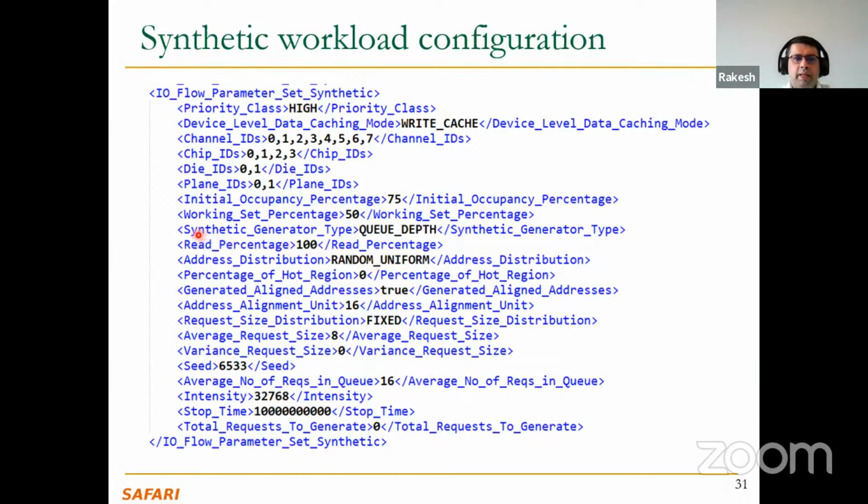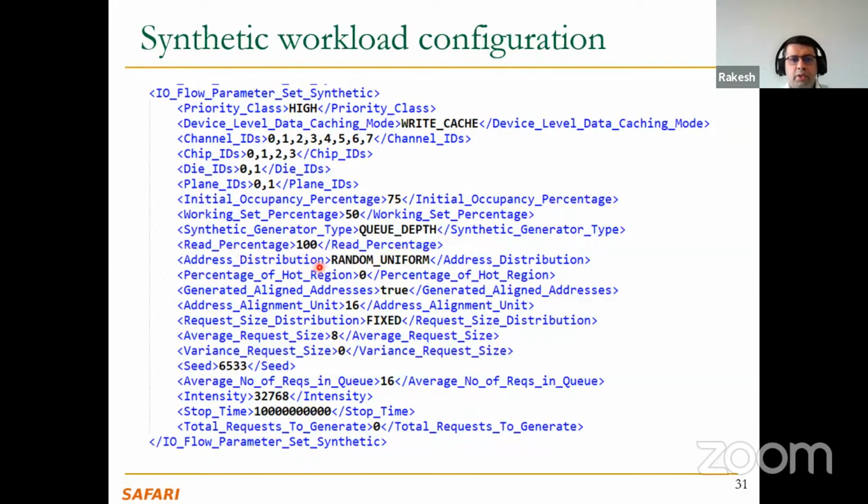And we have something called the synthetic generator type, which is how the requests have to be generated. We have two options here. One is called the queue depth, and the other one is based on the average bandwidth of the device. The queue depth determines how the requests have to be generated based on the number of slots available in the hardware queue. And with the read percentage, we can define the amount of reads that have to be generated.